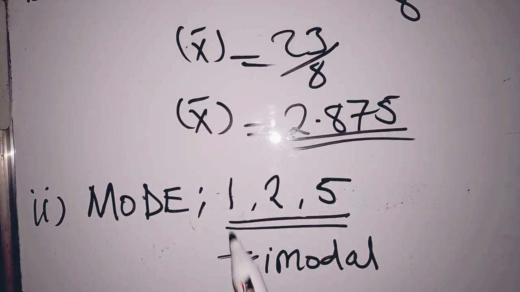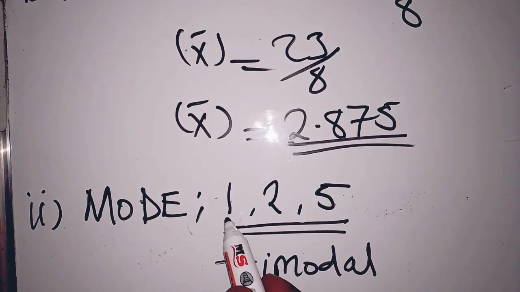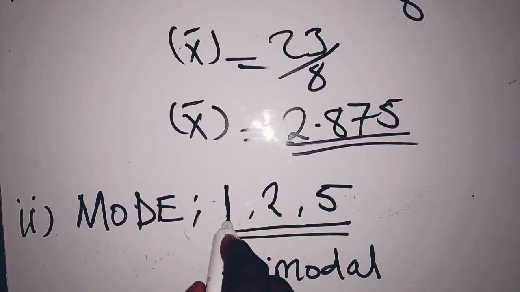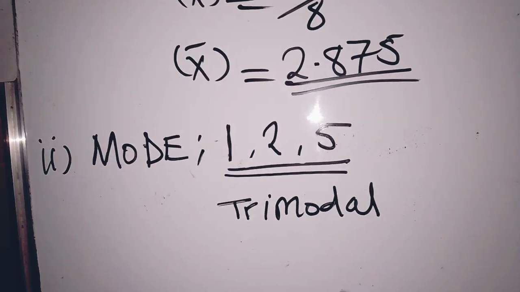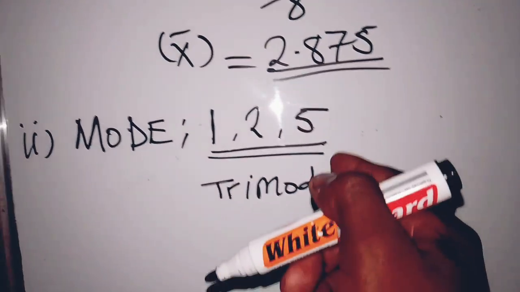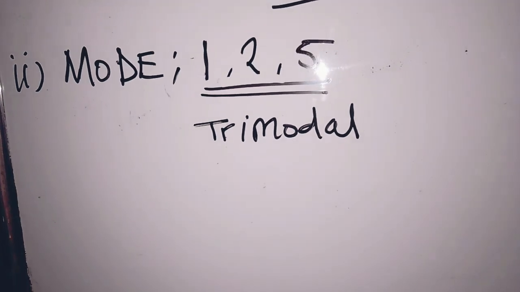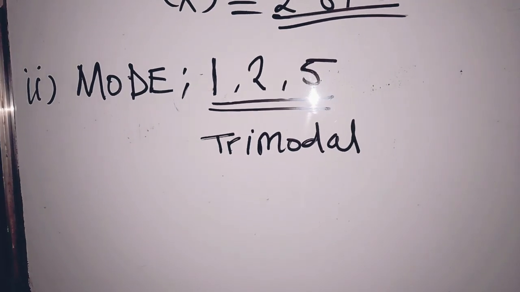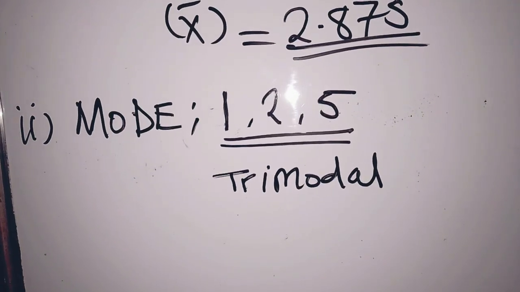If it is just one mode, then it is unimodal, isn't it? 2 is bimodal, 3 is trimodal. If it is more than 3, going up, then it will be multimodal.